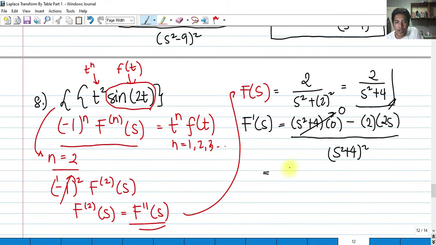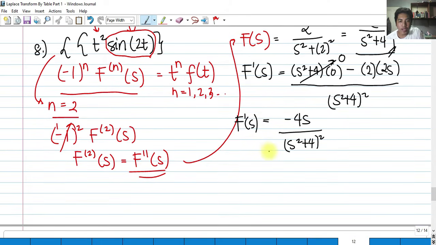Upon simplifying, we have negative 4s over s squared plus 4 squared. What we get here is only F prime of s. In order to get the final answer, we need F double prime of s, so we need to differentiate this once again.